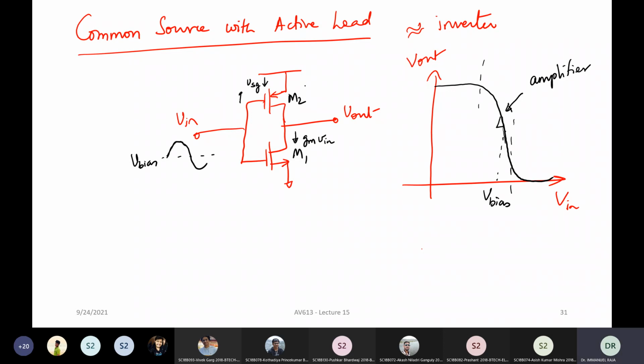So you will basically have lesser current flowing here, and correspondingly, it is going to pump lesser current. Let's say you always have a load capacitance or some load here.